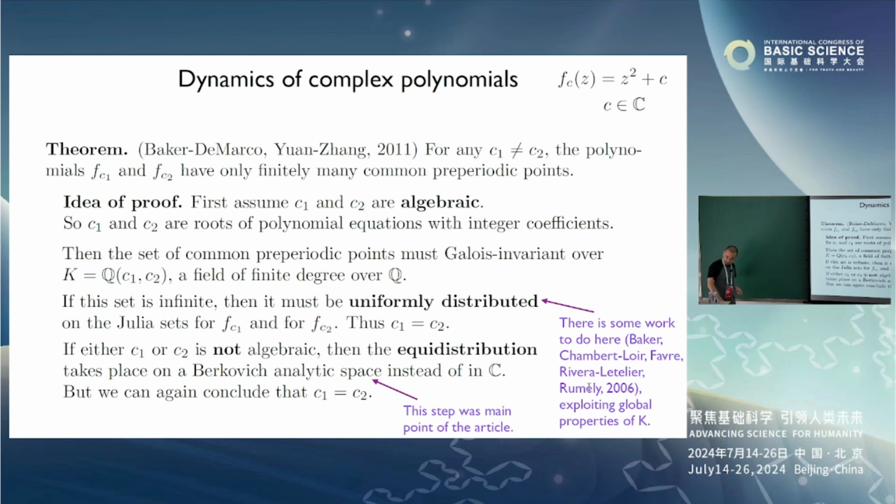You need to go to the function field and use the Berkovich space, and you also use the equidistribution. You need some argument to say that C1 is still equal to C2 if they have infinitely many overlaps.